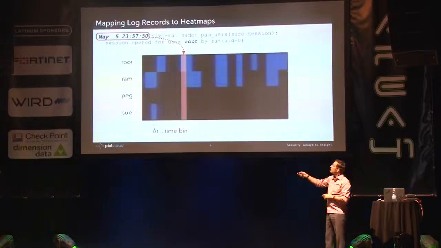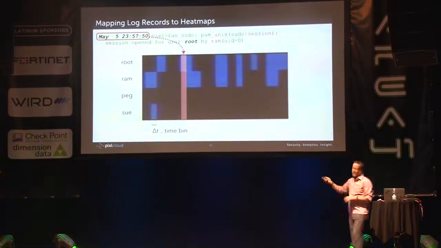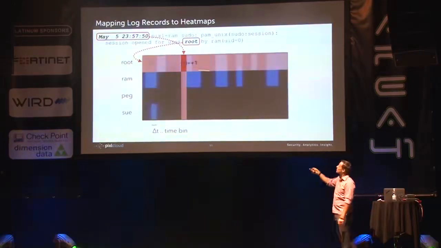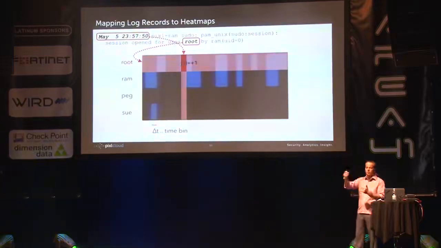So this one here would go into the May 5th, 2300 hour, which is this slice here. The next one would be midnight, this 1 a.m., and so on. So we're making bins. And then we take the user root, which determines the row, and where it intersects, we apply some function. In this case, I just added 1 because I saw 1 more showing up there.